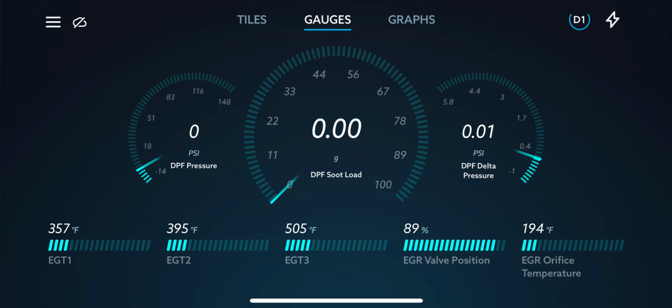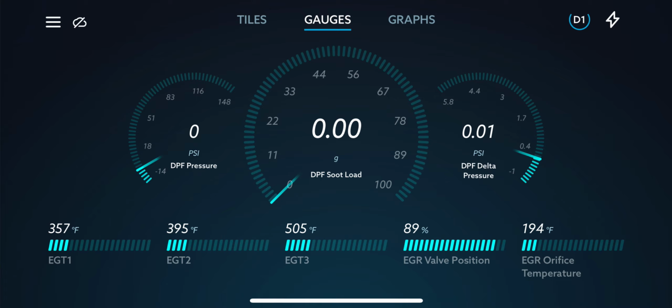This snapshot is right when I got home. I parked my truck in the garage. So you can see my DPF pressure PSI is 0. I'm at 0.00 grams DPF soot load, and my delta pressure is 0.01 PSI. So you can see here, there's not a big difference in the DPF pressure.